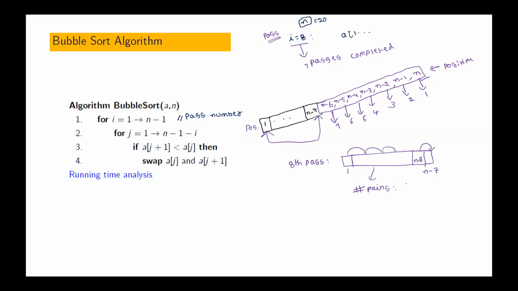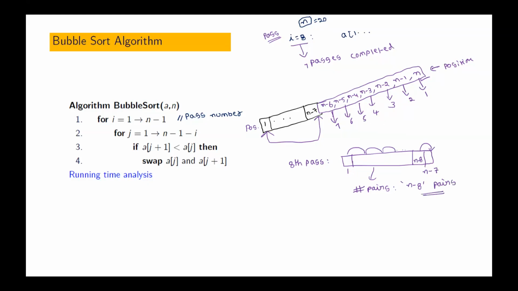N minus 8 pairs, no? Is that correct? Yes, sir. Okay.